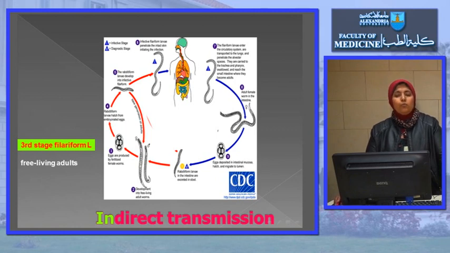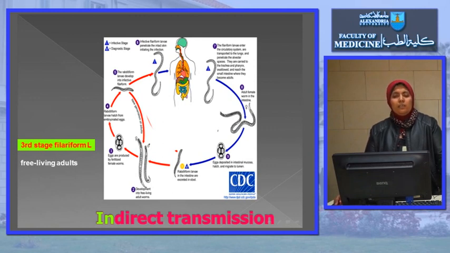It will just molt 2 times to form the filariform larvae, and as we agreed, this filariform larvae is the infective stage. It will infect humans through skin penetration. And then the life cycle will go on again.